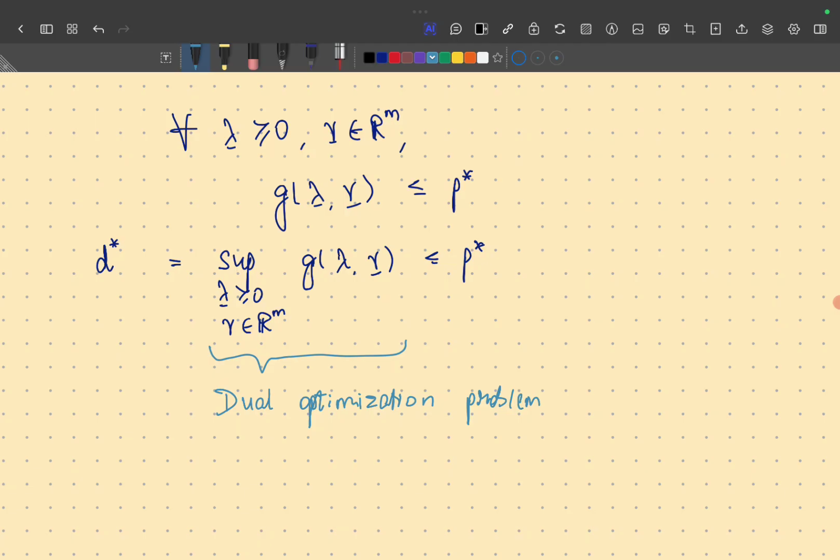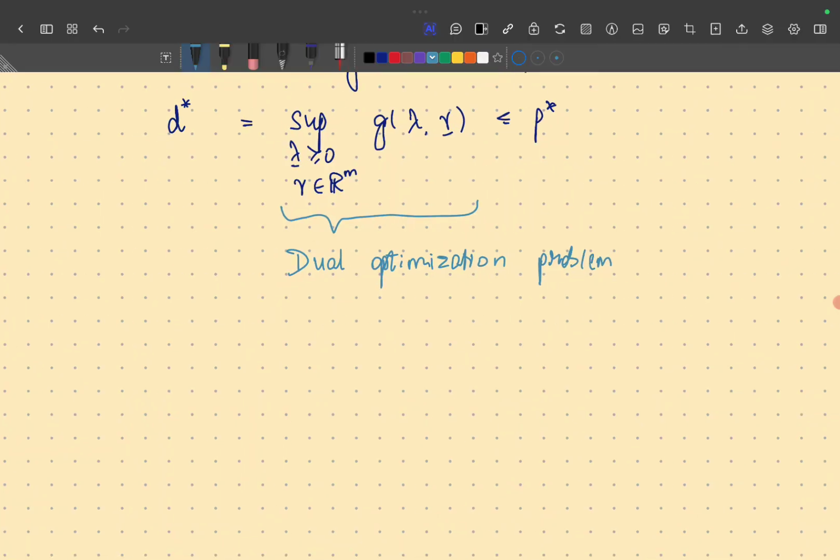All right. So I have this d star, which is the solution of the dual optimization problem, and p star, which is the solution of my primal or original optimization problem. And d star is less than or equal to p star. This is something called weak duality.